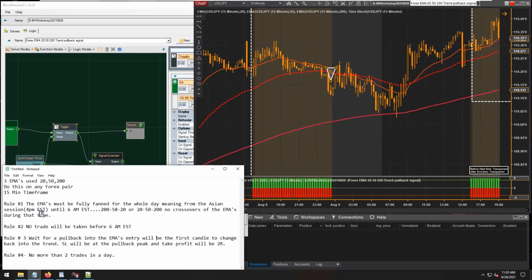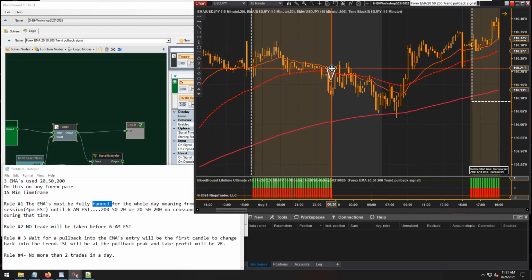So the toggle node is identifying rule number one. We're trying to identify this EMA situation here, this fanned out situation, to make sure that it's true. So we do have this crossover, and so our toggle node gets turned off.